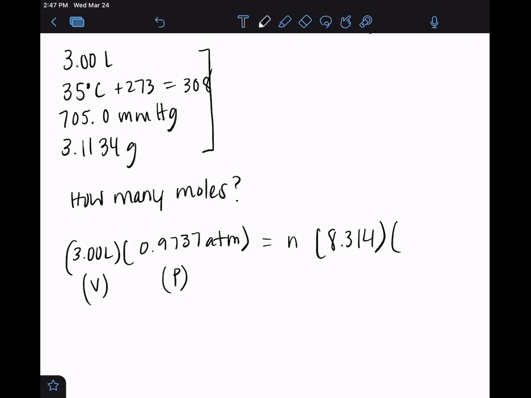All right, and then you can go from there. And we'll figure out how many moles. I'm just pulling up a calculator to double check my math.